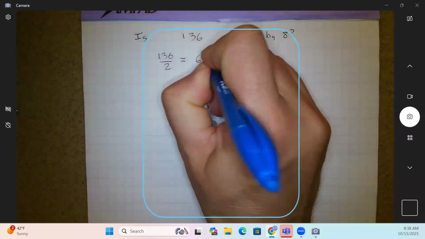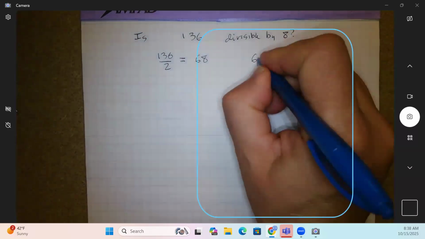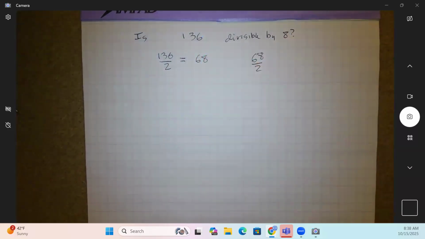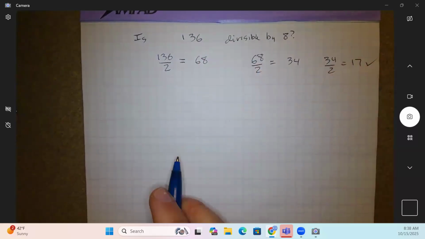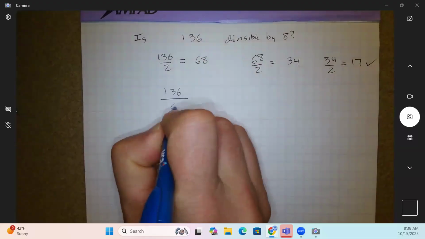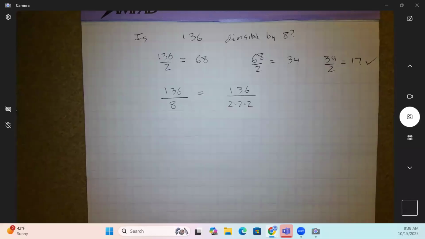I believe that's 68. Yeah. All right. Well, if it's divisible by 8, it better be divisible by 2 again, which is 34. And by 2 again, which is 17. Yep. 136 is divisible by 8 because the prime factorization of 8 is 2 times 2 times 2. If I divide 136 by 2 a total of 3 times, I'm dividing it by 8.